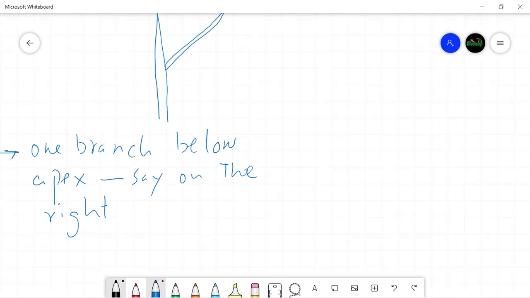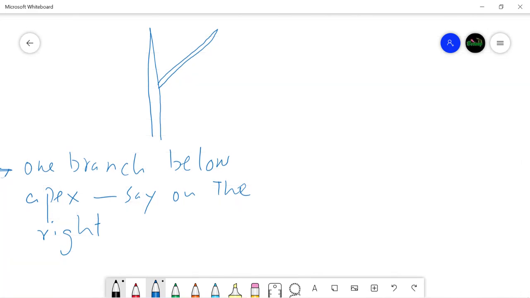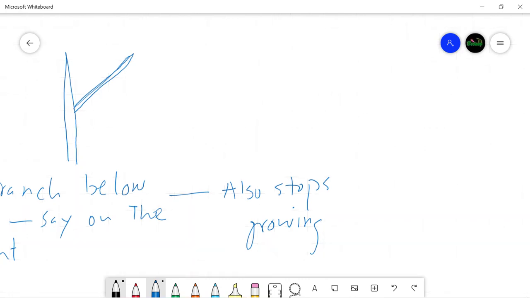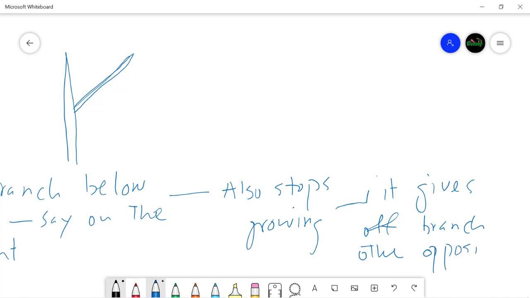What happens next is that this particular branch also stops growing, and now it gives off a branch on the opposite side.